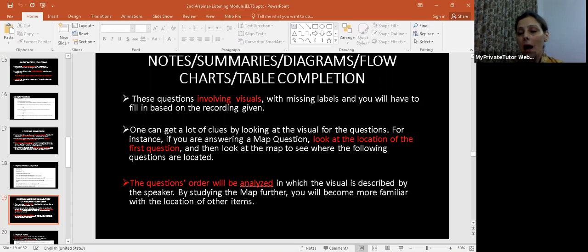If you're answering a map question, for example, when you look at the map, you're going to look at the location of the first question, then look at the map to see where the following questions are located. The order of the questions will be analyzed, in which the visual is described by the speaker. Maybe the question will not be in the first place, maybe in the middle of the questions.